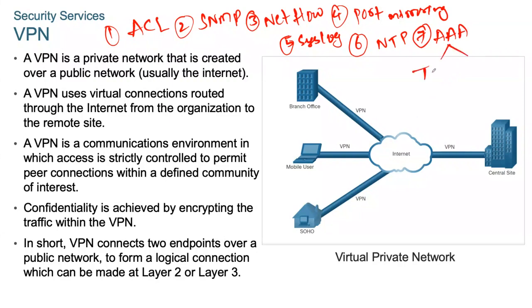One is Terminal Access Controller Access Control System, that is one. Another one is RADIUS, that is remote access using a dial-in user, right? And finally, we have seen the eighth service, virtual private networks. So these are your security services.